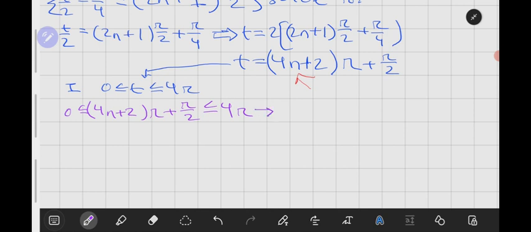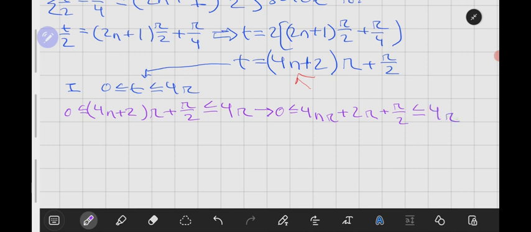Now, if we continue to rearrange our equality, first we will have to expand this pi into our brackets, so that we get 4n pi plus 2 pi plus pi over 2 must be less than or equal to 4 pi.